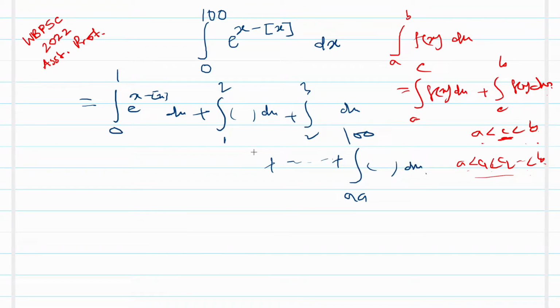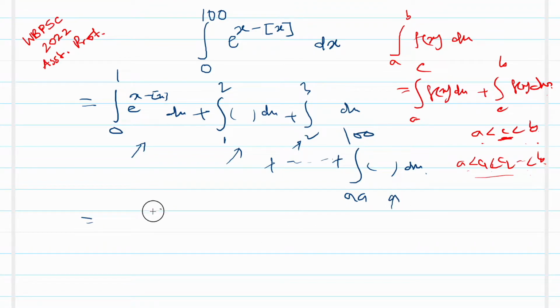There is no doubt, because this is a very popular and easy formula which we learn in integration, right? So this is true. Now what we can do is calculate these individual integrations and then sum them up.